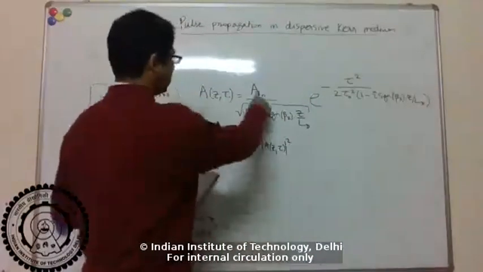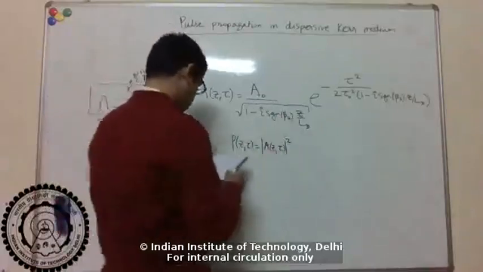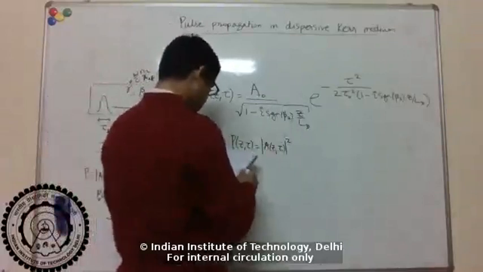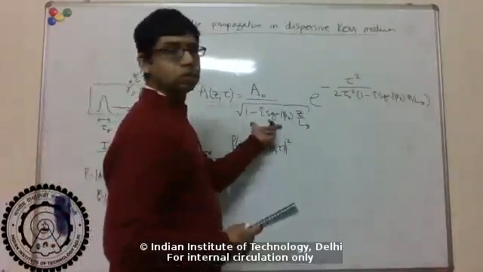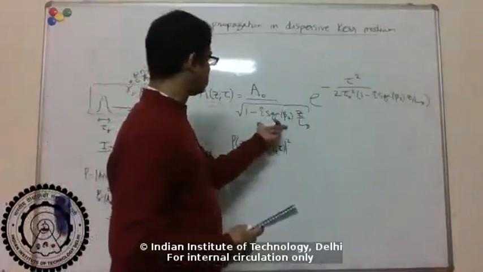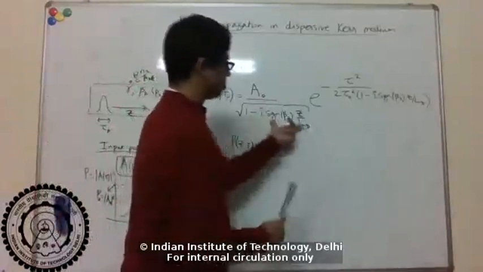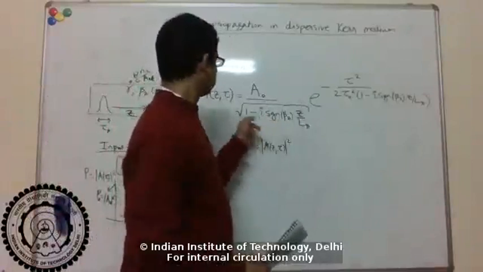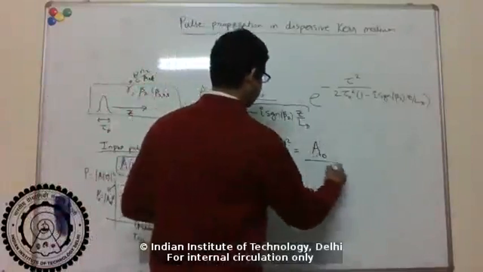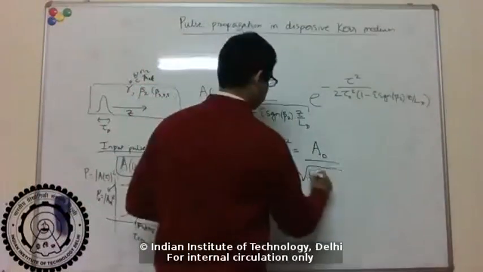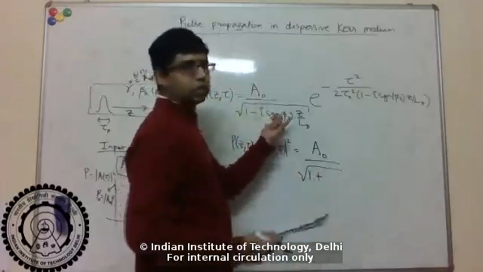So take the mod square of this. What is the mod square of this? One plus sgn of beta 2 Z by LD, whole square. So E naught, in the denominator I have the square root of 1 plus, and sign of beta 2 is either plus 1 or minus 1, so its square is always 1.